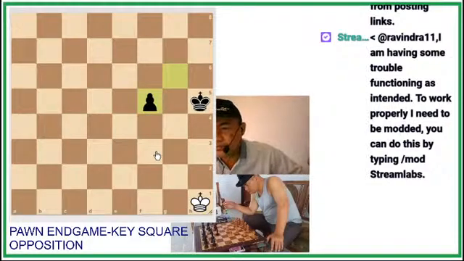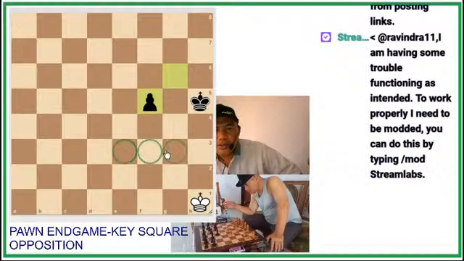then the pawn will come to become nearer to the white king. Now in this position, the key square is here. What is the best move for white?